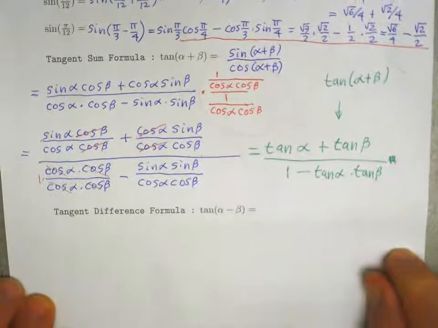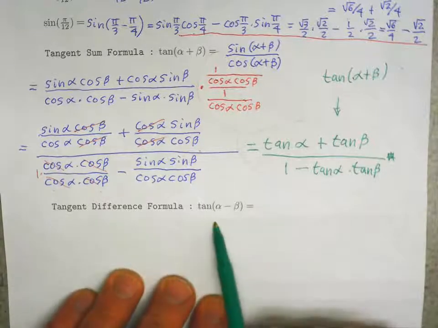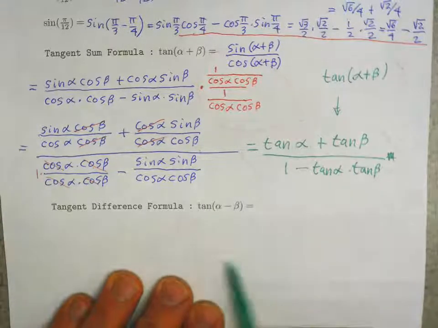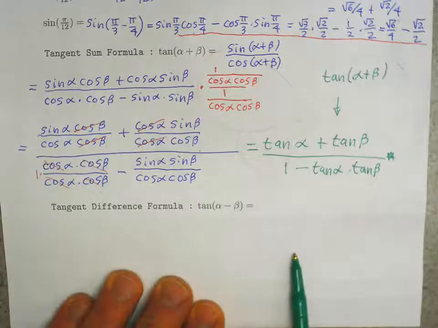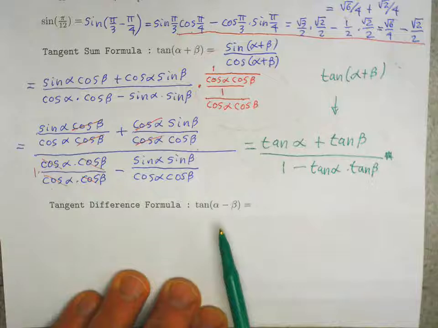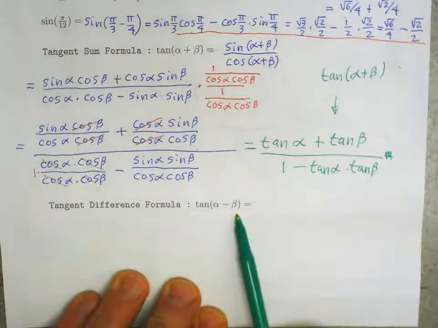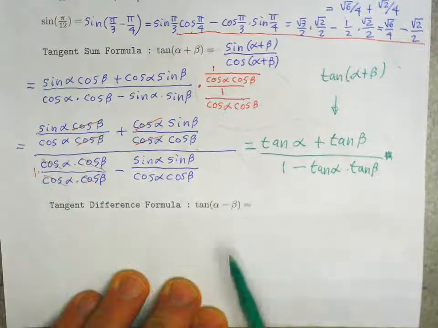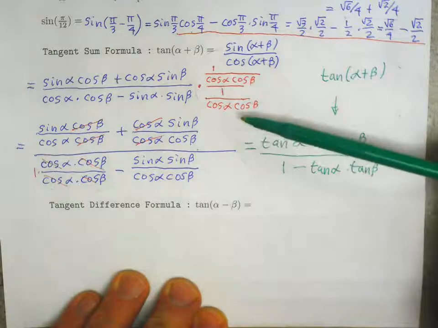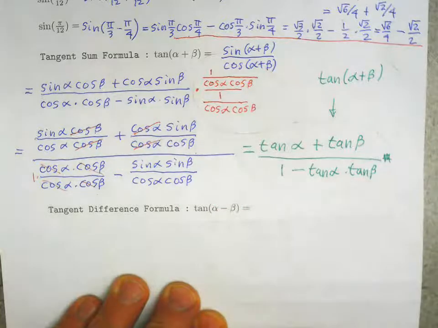The tangent difference formula, well, I'll just write down what the formula is after I mention a couple of things. To derive the tangent of alpha minus beta formula, you go through the same sort of process that we did above when deriving the tangent sum formula.